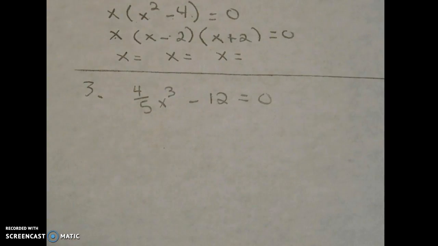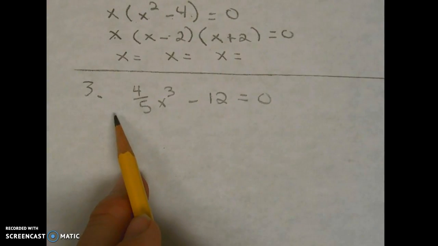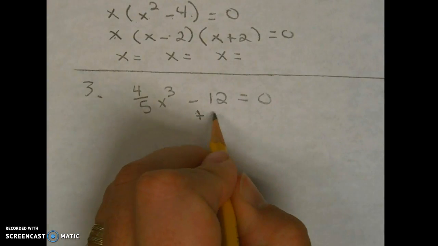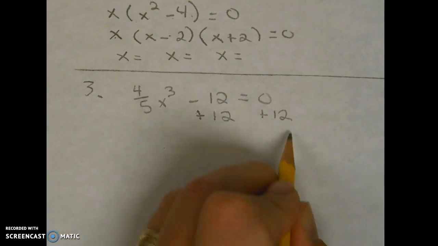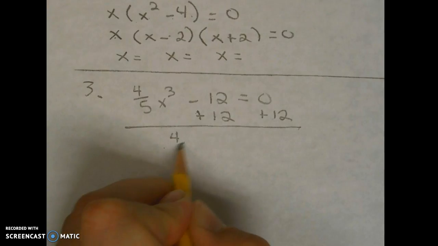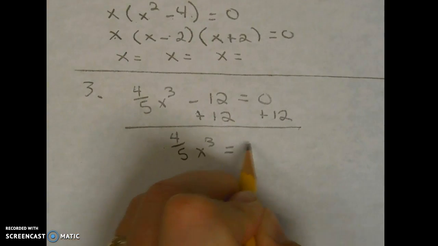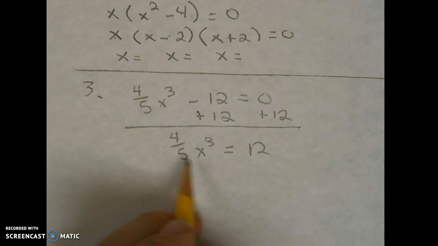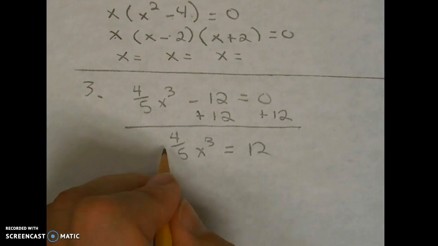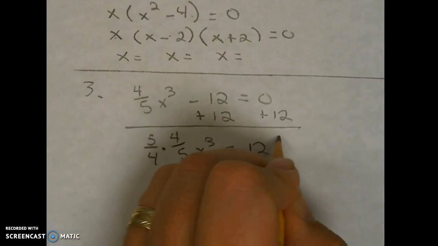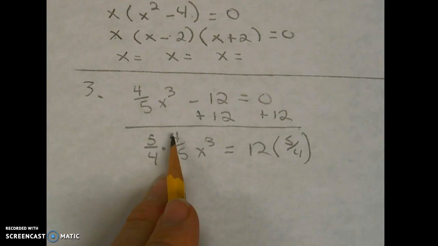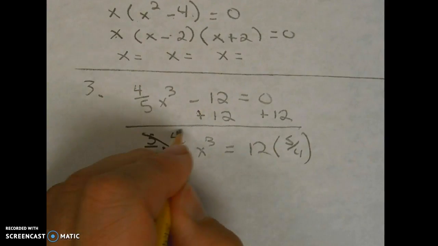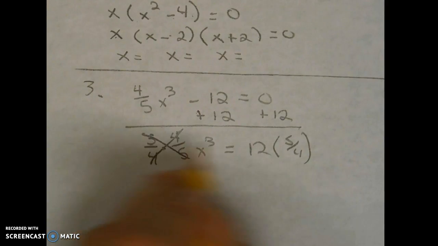So in this case, we can just very easily solve for x the normal way, undo subtraction with addition. And then undo the 4/5. The easy way would be to multiply by 5/4 on both sides. That would take care of the fraction altogether. So we're multiplying by the reciprocal on both sides.